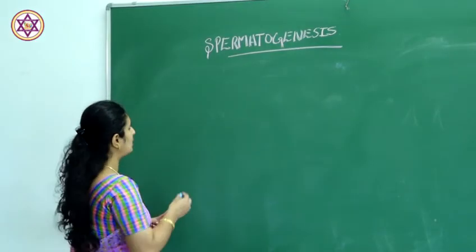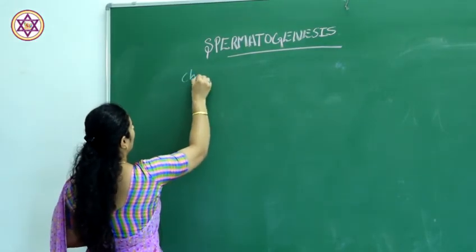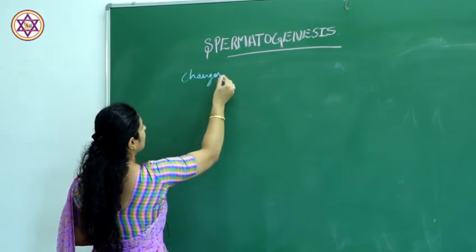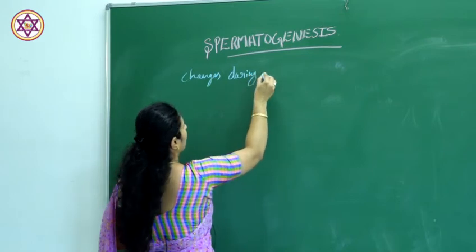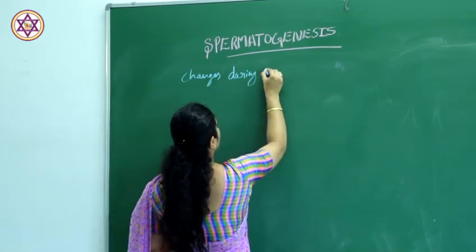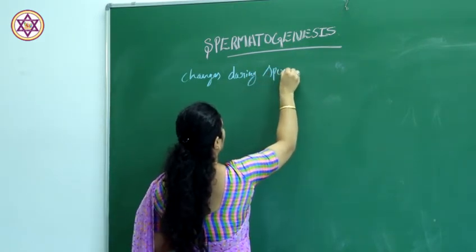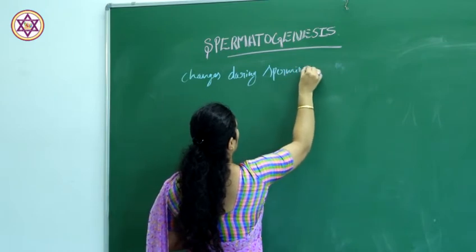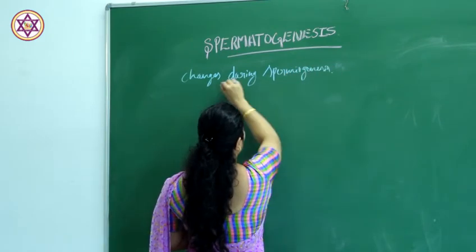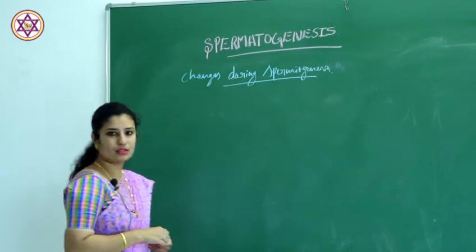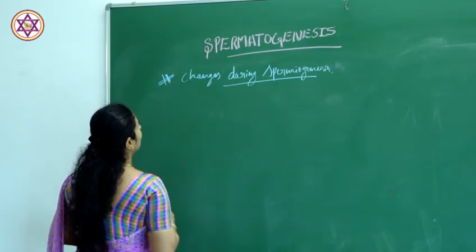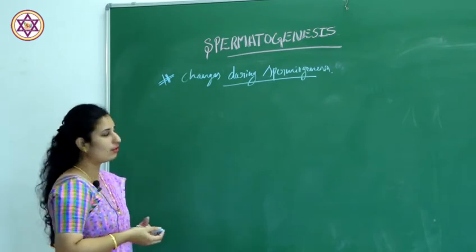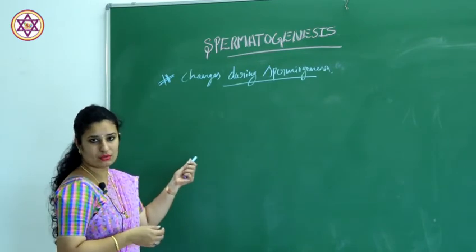Changes during spermiogenesis. What are all the changes that occur during the transformation of spermatids into sperm?